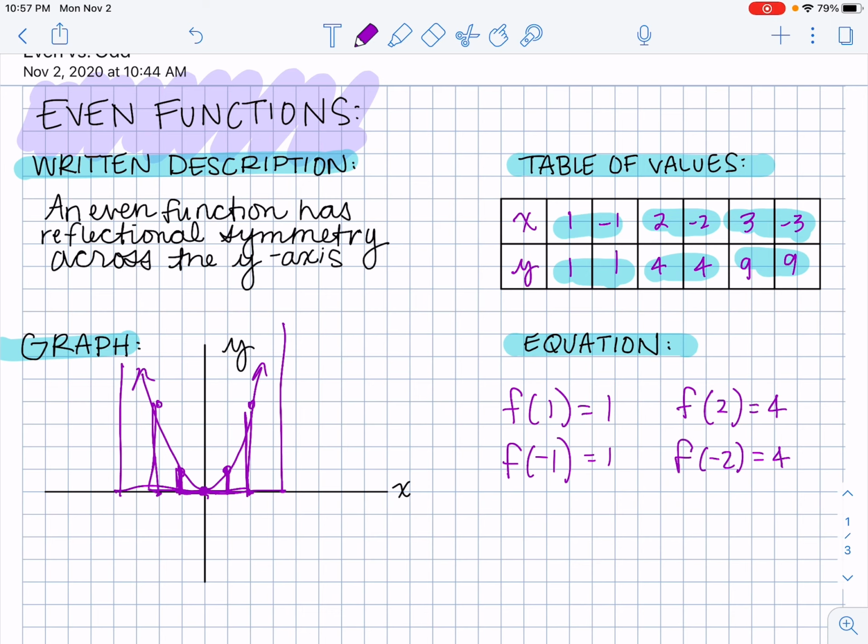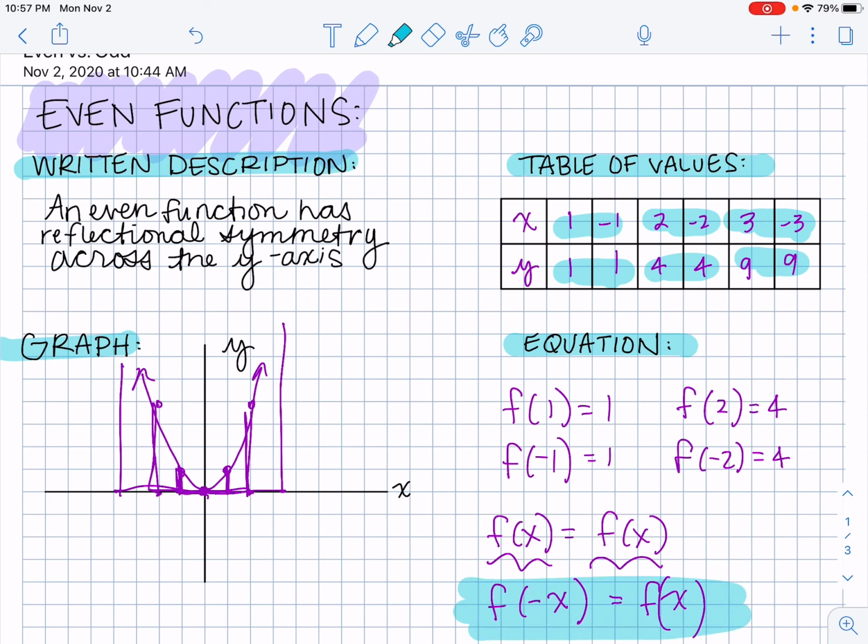And so when we think about this, when I plug in x, I get f of x. Sure, obviously, f of x is equal to f of x. But when I plug in the opposite of x, I also get f of x. And this leads us to our definition of what an even function is.